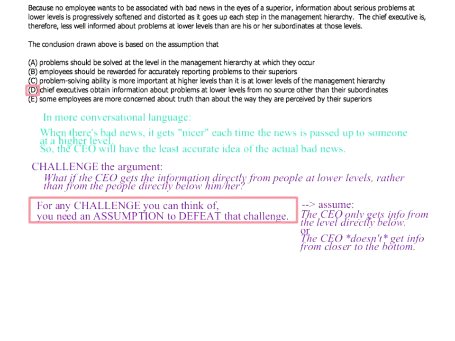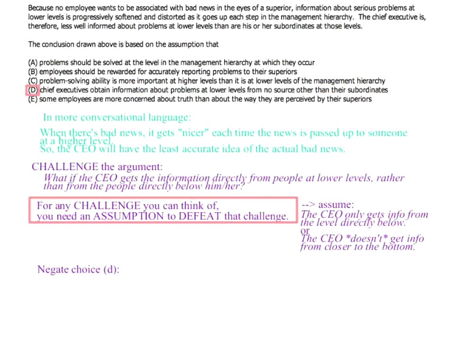You can also do this by negation. If you negate choice D, then chief executives obtain this information from no source other than their subordinates. Negating this is not very hard. You just say they do sometimes obtain the information from a source other than their direct subordinate.